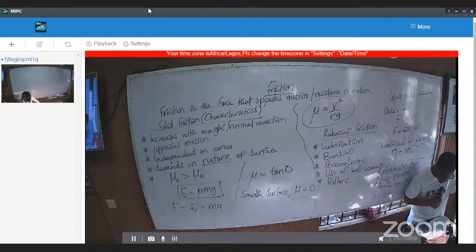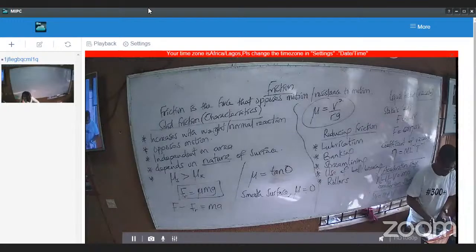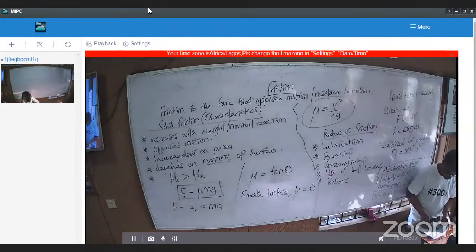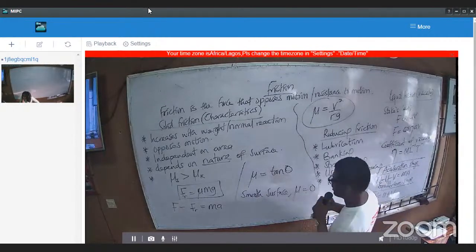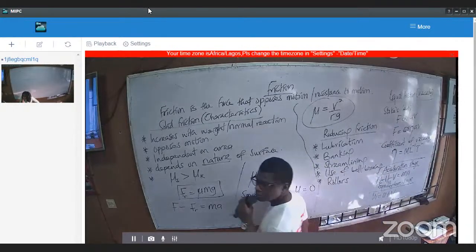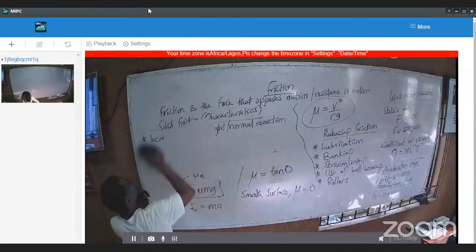Find the coefficient of friction between the road and the tire.